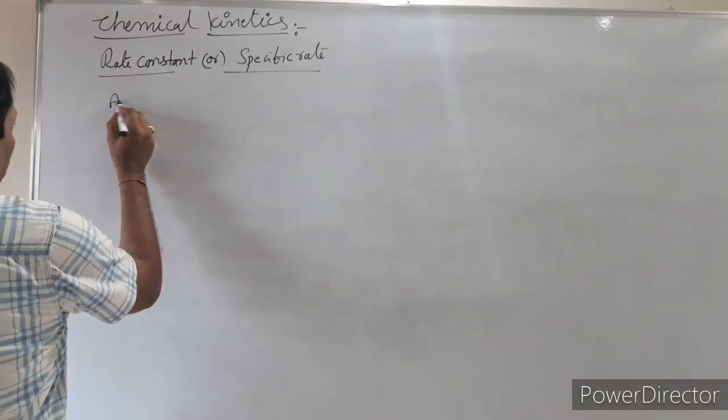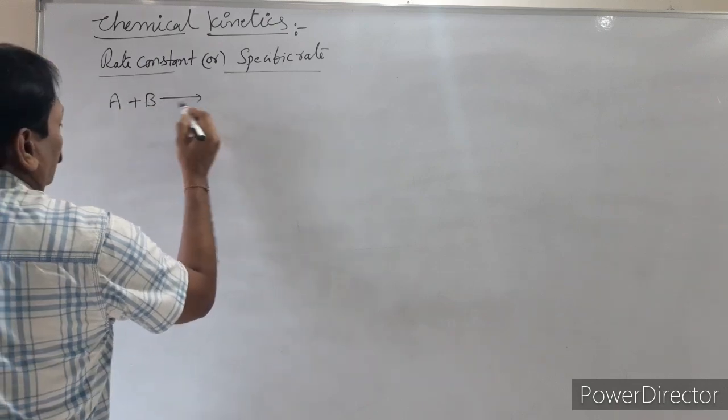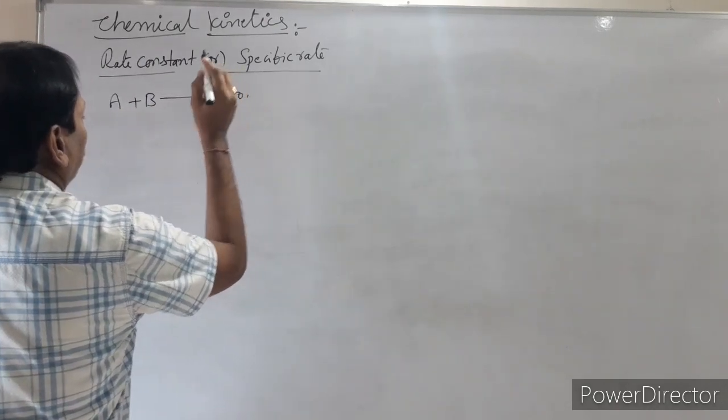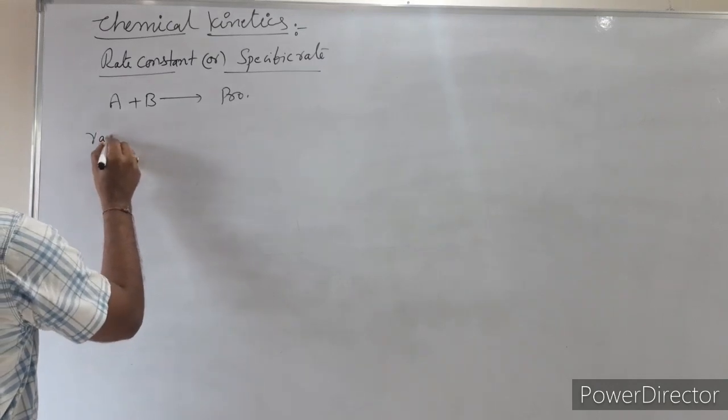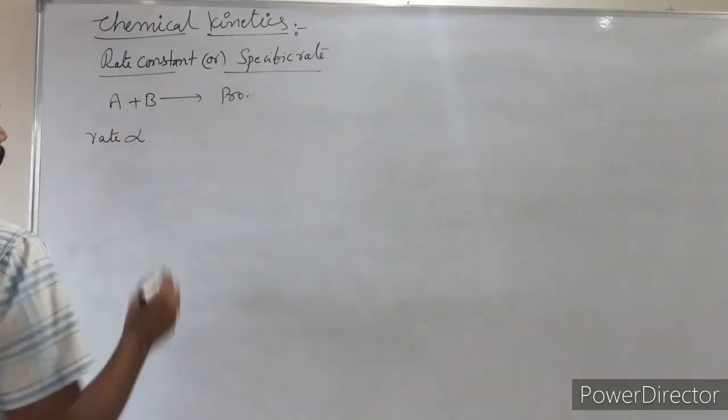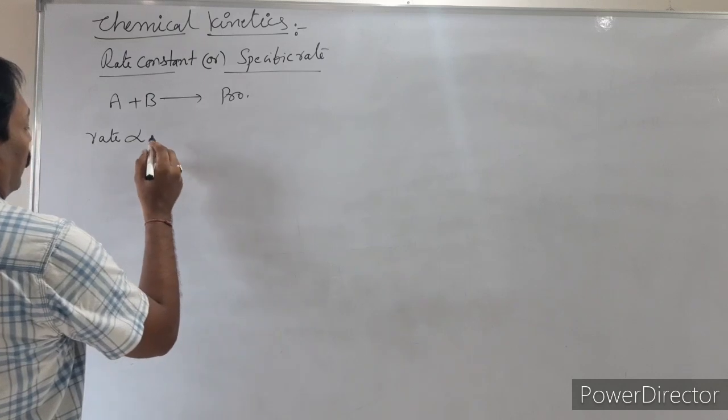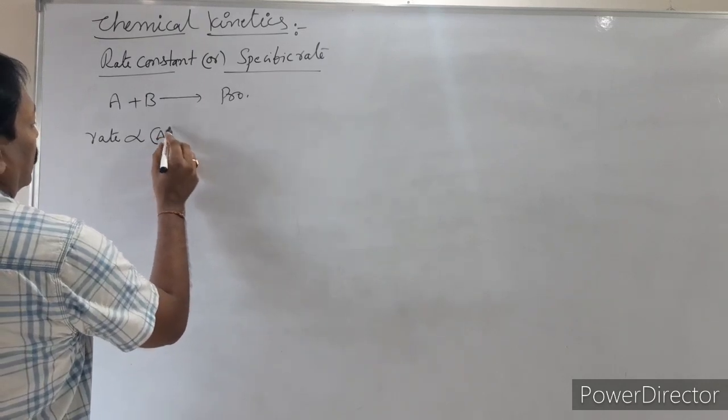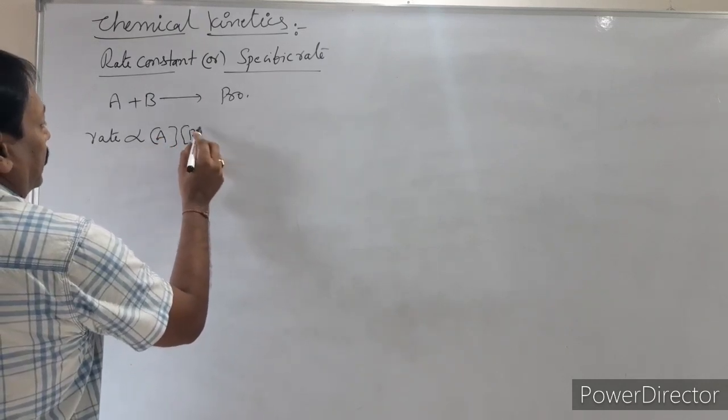So, consider a reaction A plus B gives rise to products. According to law of mass action, rate is directly proportional to product of the molar concentrations of reactants.